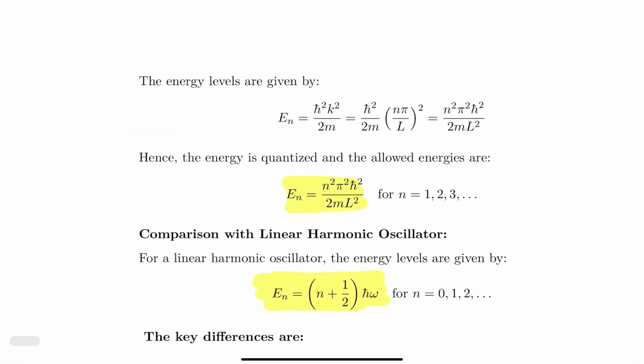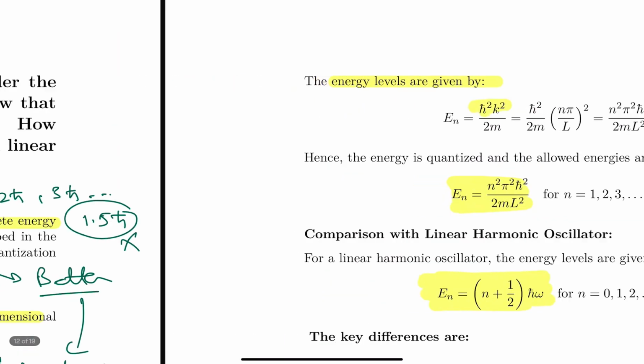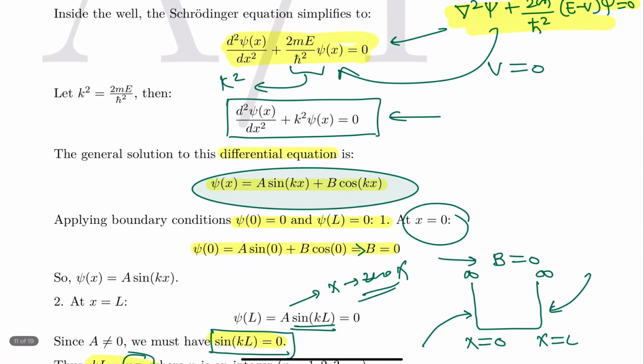By using this information, we write the energy levels, which is h bar square k square upon 2m. That leads you to this expression: energy is equal to n square pi square h bar square upon 2m L square, where n is equal to 1, 2, 3, and so on.